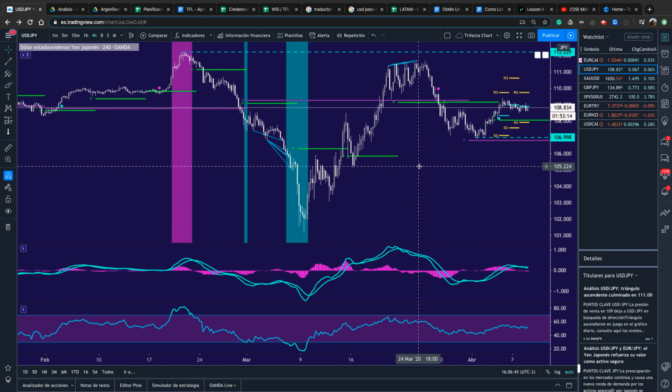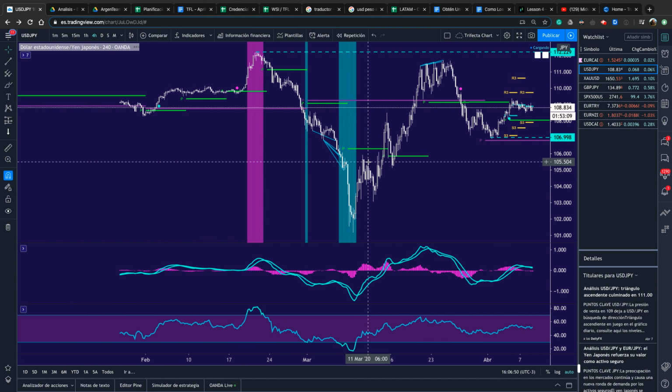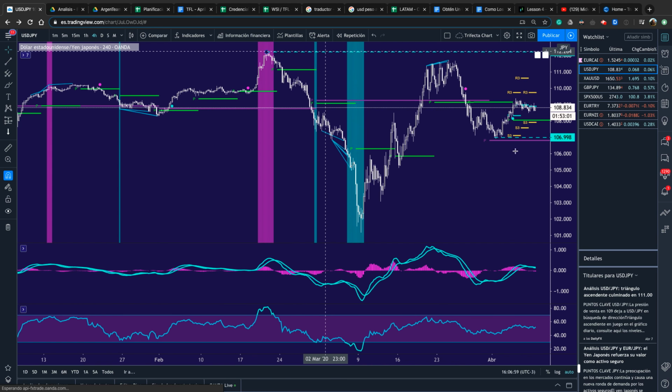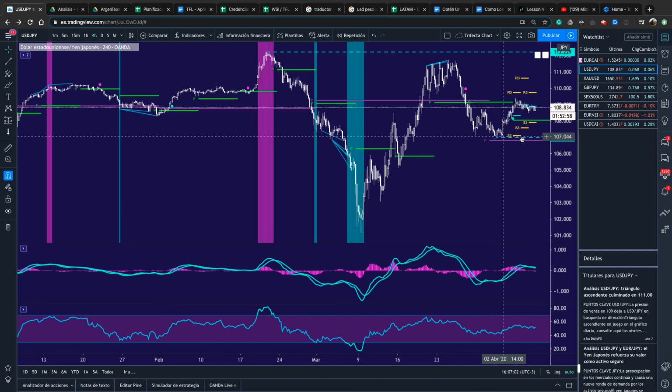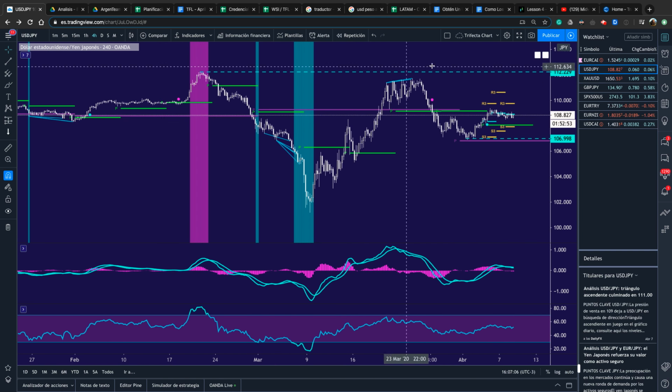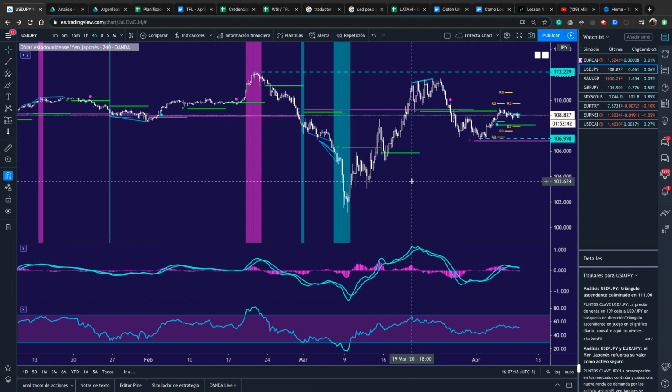After these kinds of patterns, we are in a good position to hold and wait and see if the market breaks this level of resistance, or if the market breaks this level of support. If the market breaks this level of resistance, I will not hesitate to put buy orders in order to get some profit of that movement.